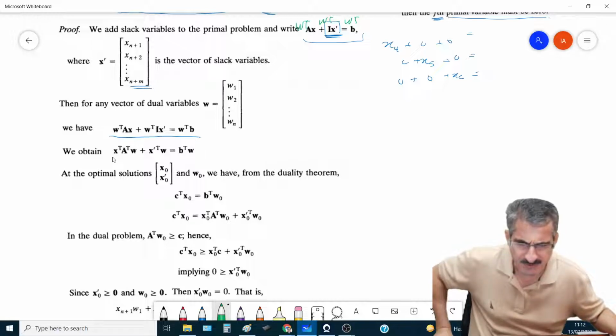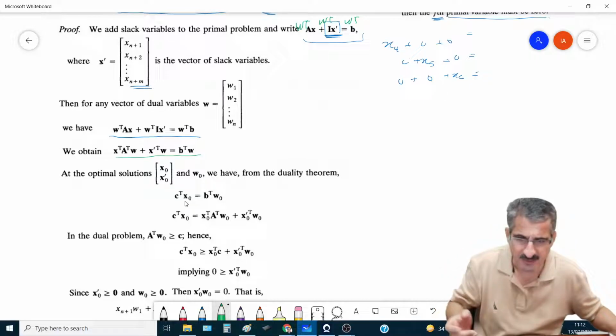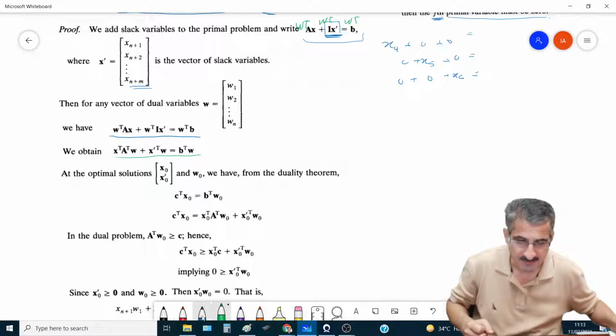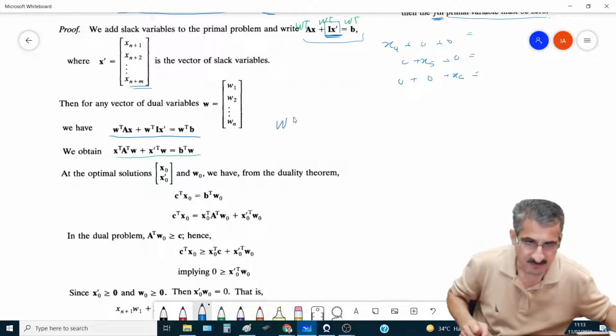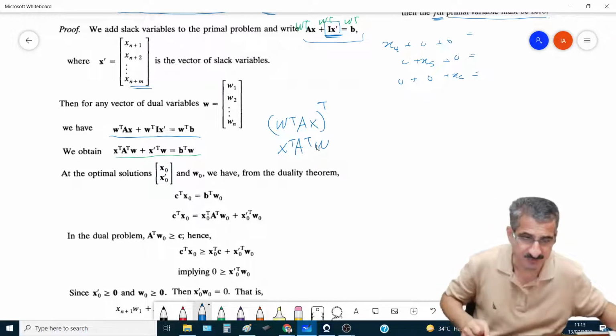And how do we get this in here? We are taking the transpose of both sides, which means w transpose Ax, take the transpose, will give us what? Will give us x transpose A transpose w. So you change the order and take the transpose.